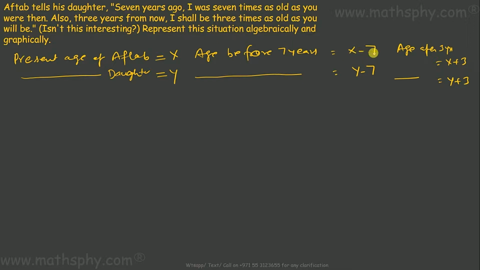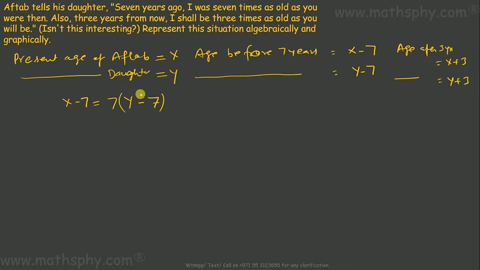Means x minus 7 is already 7 times more than y minus 7. So to equate x minus 7 and y minus 7, if I multiply daughter's age by 7, Aftab's age and daughter's age would be equal. I put it this way.